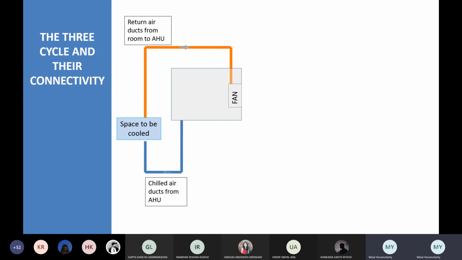Can that happen via a small fan? Impossible. You will need to go for a centrifugal fan to push the air so much. Okay, so one fan is already there in the basement. If this was a ducting system, but if I'm saying AHU, AHU means definitely a chilled water system.